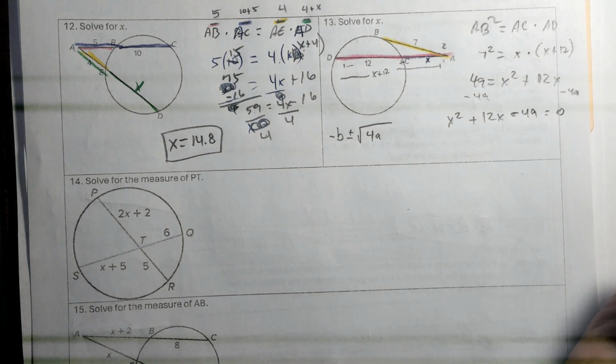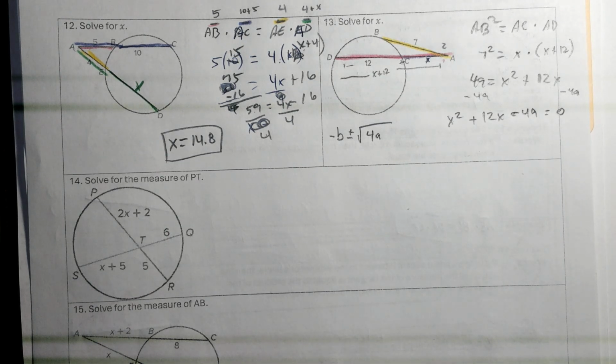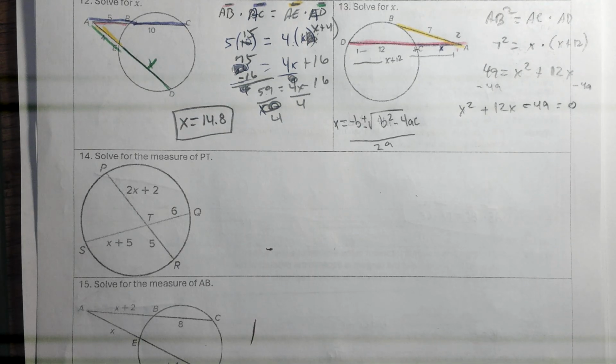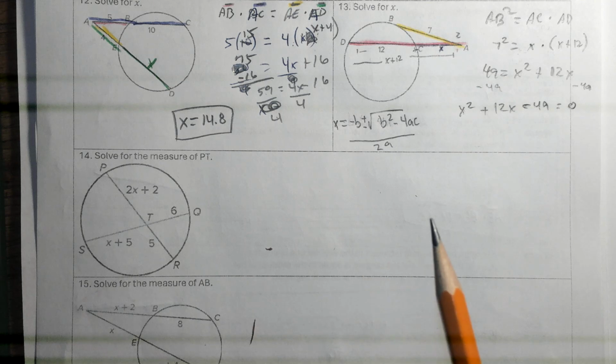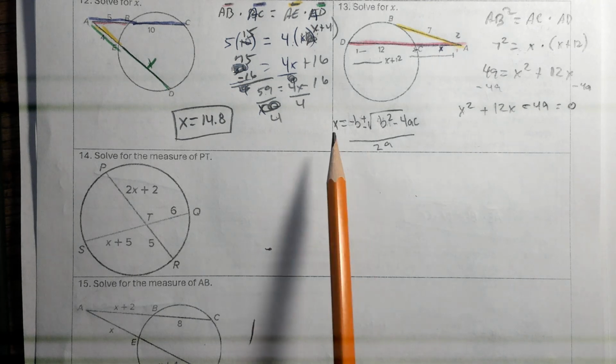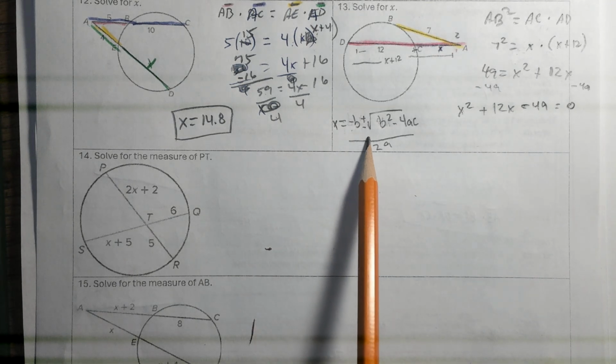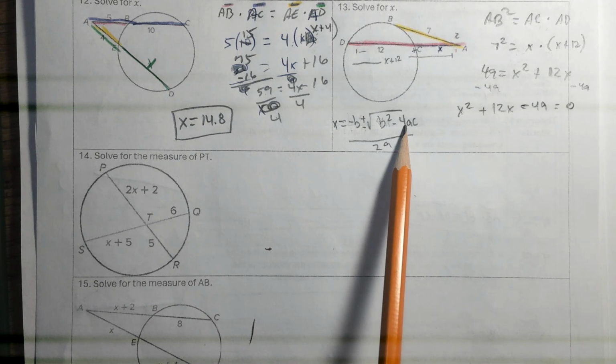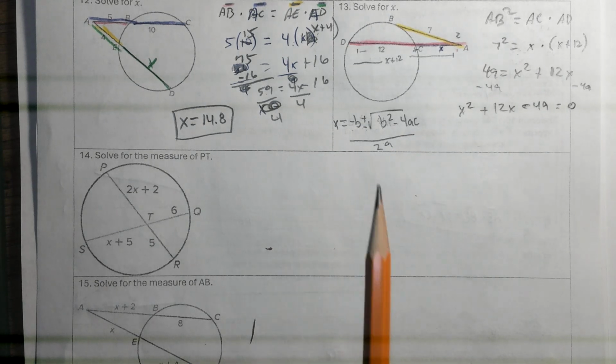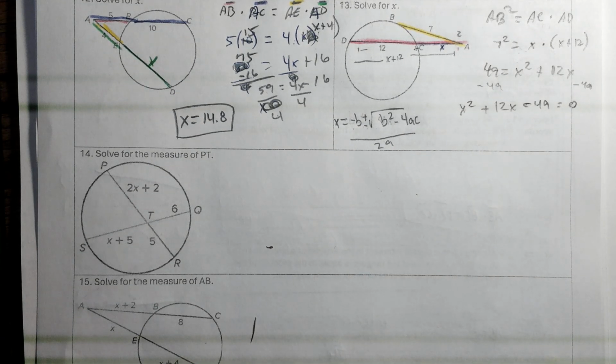Let me pause just a second. This aggravates me. Okay, I'm sorry. As you can tell, I've corrected this. So the quadratic formula is x equals negative b plus or minus the square root of b squared minus 4ac over 2a. And you guys are like, what are you talking about?